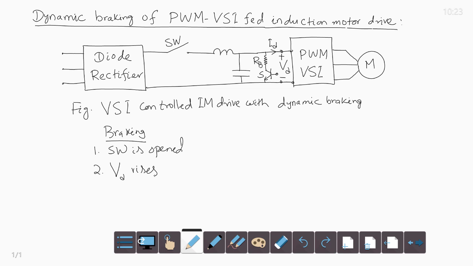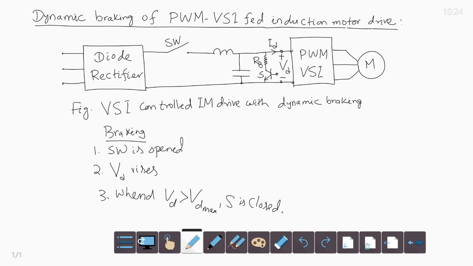When the capacitance voltage exceeds a specified upper limit, then switch S is closed. As switch S is closed, the resistance RB is connected across the DC link.